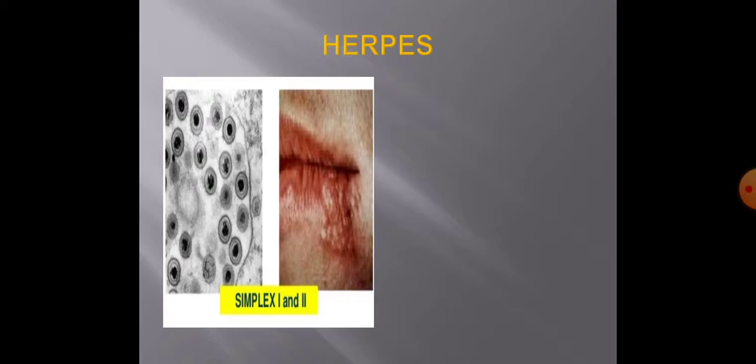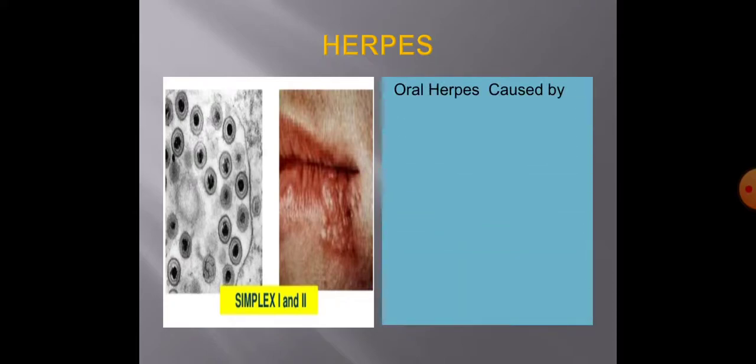These sores can last from 7 to 10 days, and there are two primary types: oral herpes and genital herpes. Oral herpes is caused by herpes simplex virus type 1, whereas genital herpes is caused by HSV type 2.